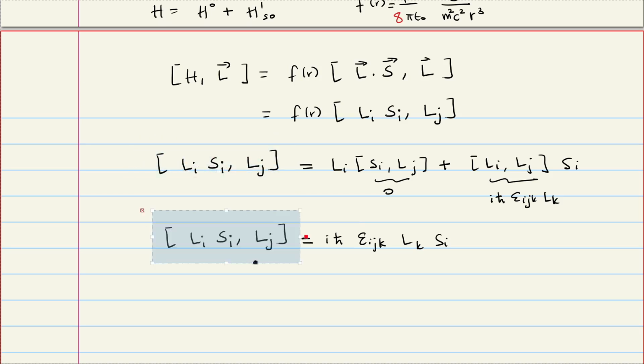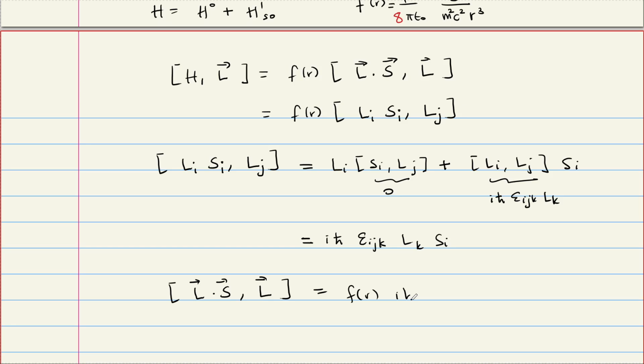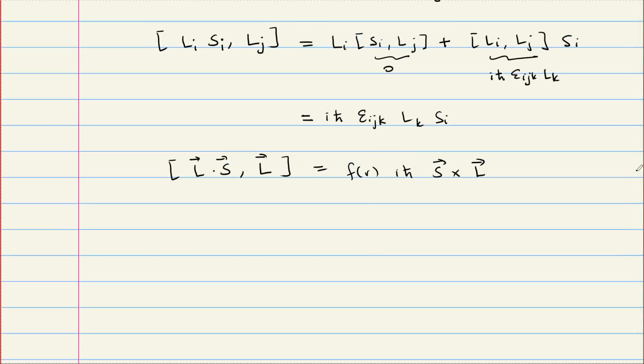Therefore, if you take this out and bring it into full form, this L dot S with L, I found, becomes f of r i hbar S cross L. So the important thing is they don't commute. And if they don't commute, you cannot use L. That's not a good basis.